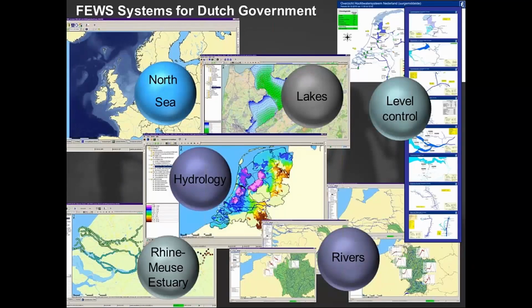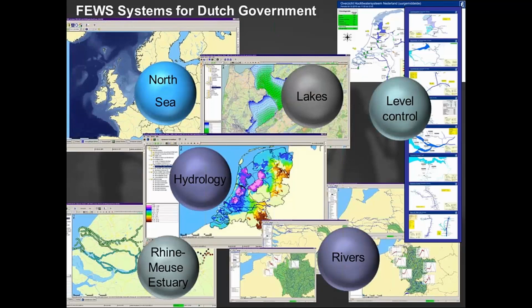Apart from the international projects, we also focus on the Dutch government-based flood forecasting systems. Here, this slide shows 6 major systems that are currently running operationally in the Dutch government. For example, for the coastal related system, we have the North Sea, which forecasts the storm surge and waves along the Dutch coast of the North Sea.